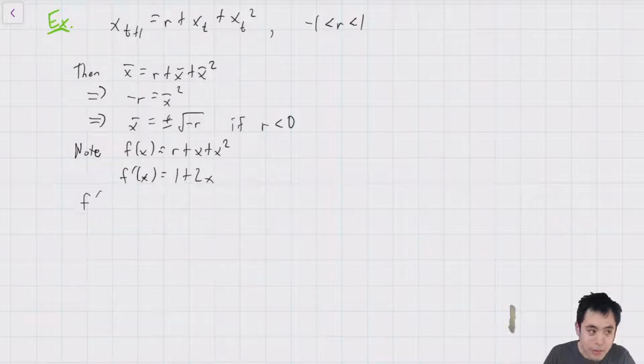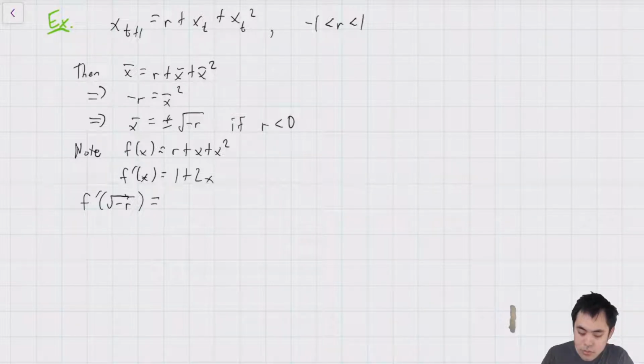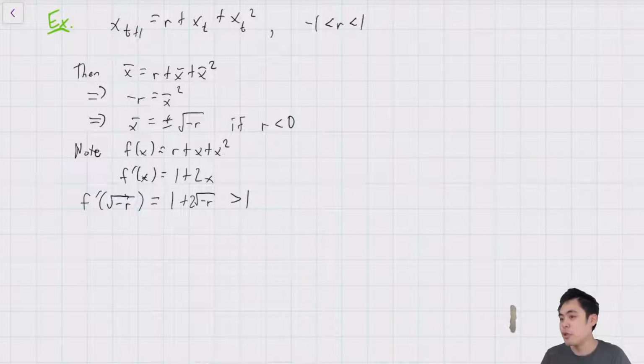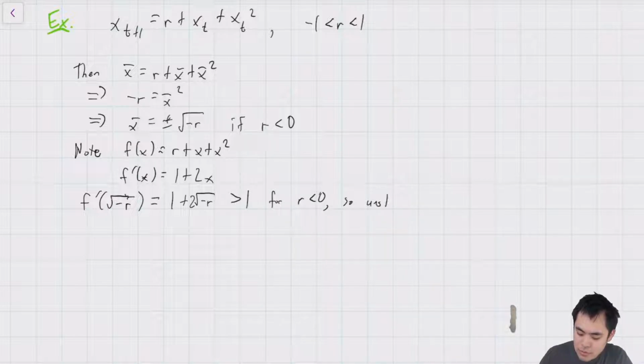So let's see, f prime of the square root of minus r is equal to 1 plus 2 times the square root of minus r, which is greater than 1 for any r that's less than 0. For r less than 0, so unstable.